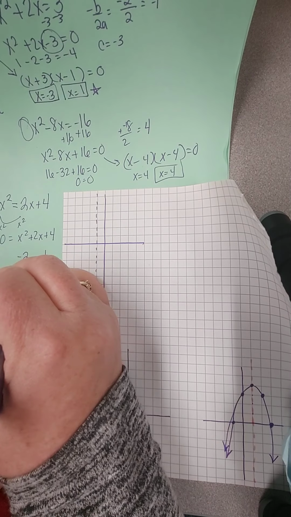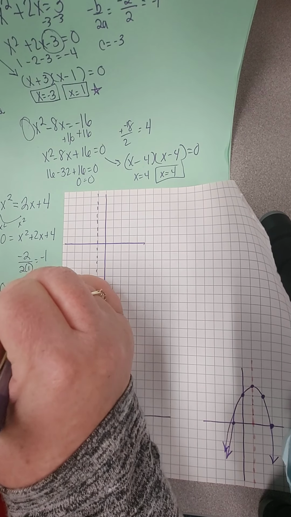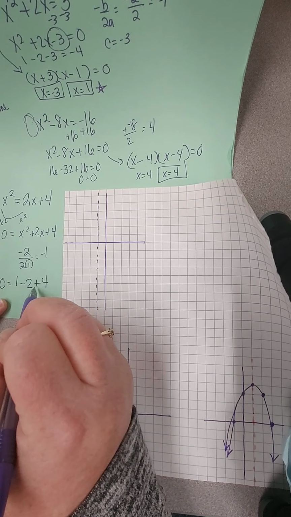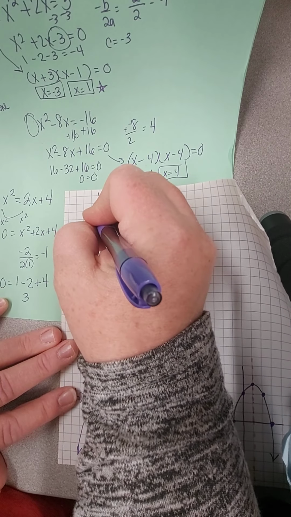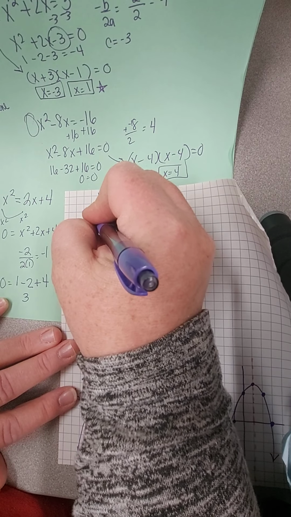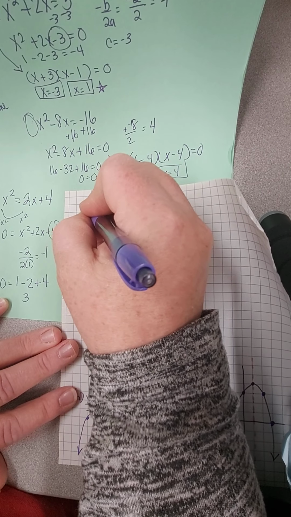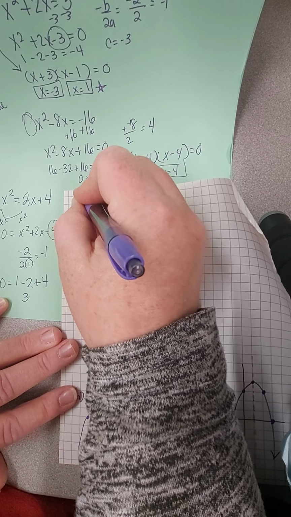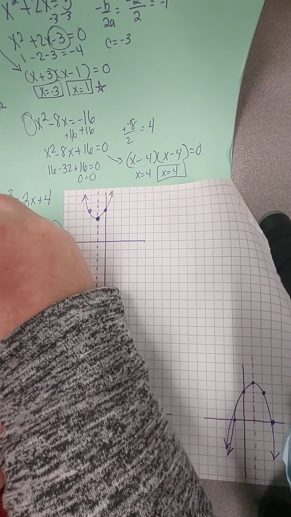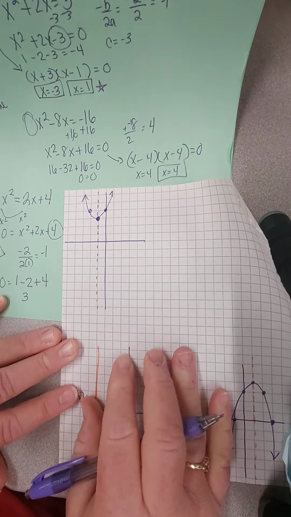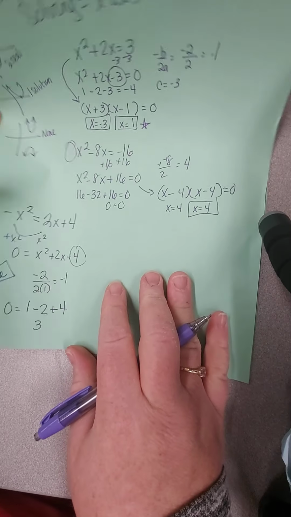All right, I'm going to plug that back in, and I get 1 minus 2 plus 4, which is 3. And it looks like my y-intercept is 4. Oh, I don't even cross the x-axis, do I? So there would be none. What? Okay, now wait a second.